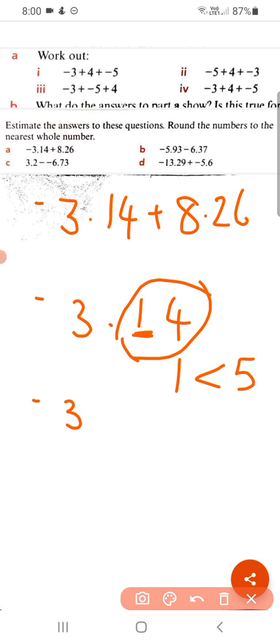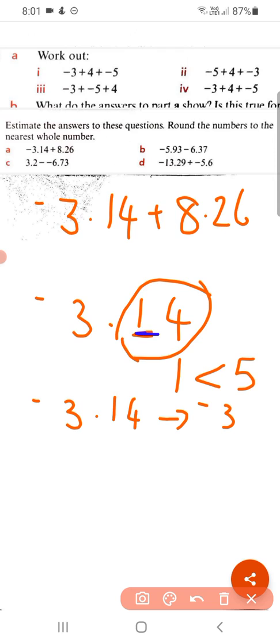So negative 3.14 becomes negative 3. Clear? To round the number to the nearest whole number means we are removing the decimal part from the number. So check the first place in the decimal, which is the 10th place.